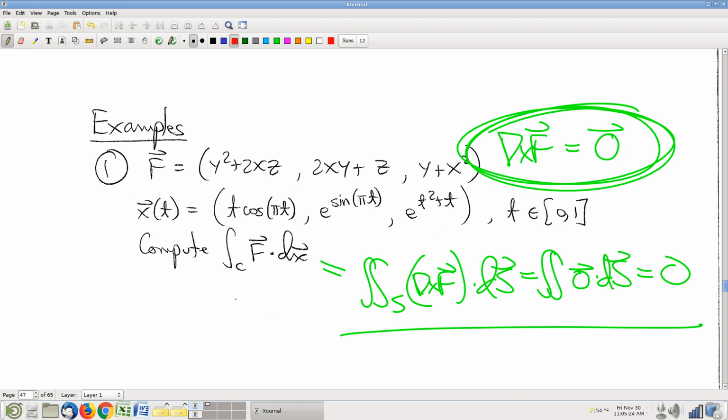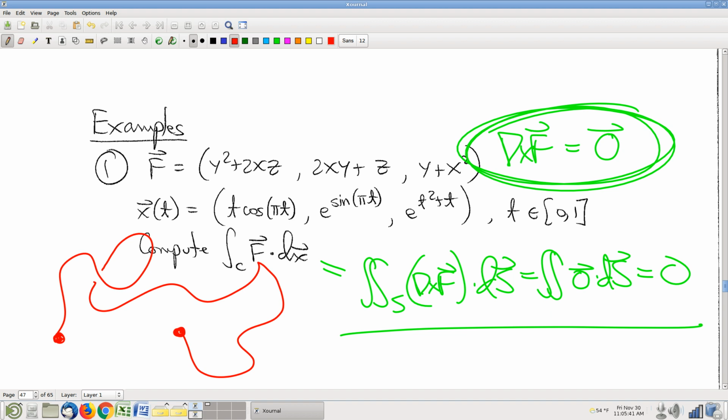I can't draw this curve, but I can easily plug in t equals 0. I can plug in t equals 1 and do some arithmetic. And what you find is that the starting point and the ending point are not the same point. So this curve, wacky though it may be, does not close.